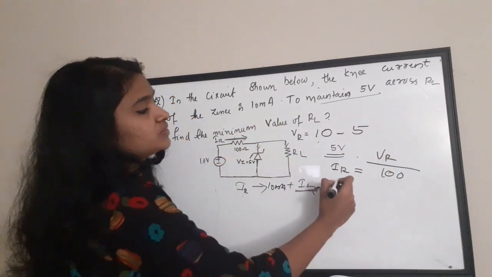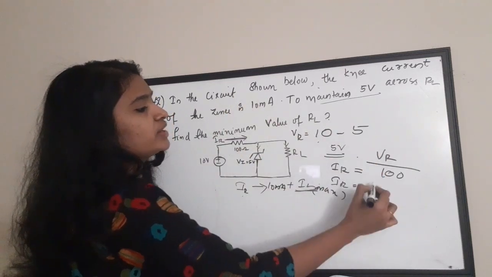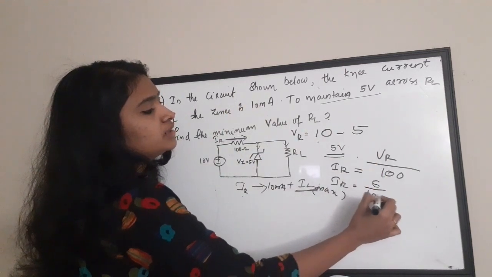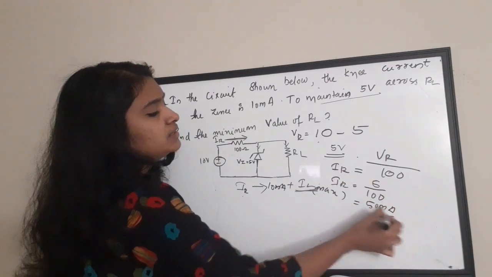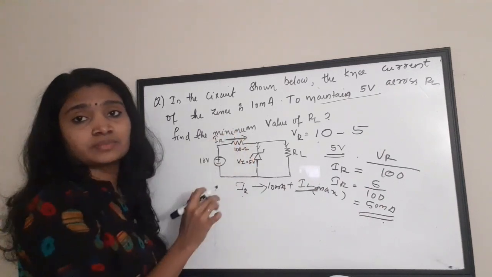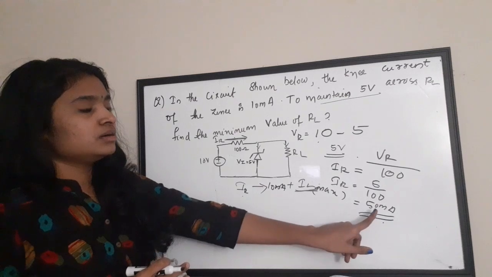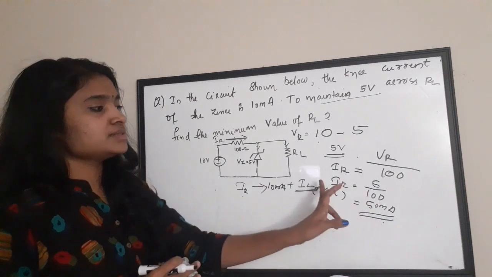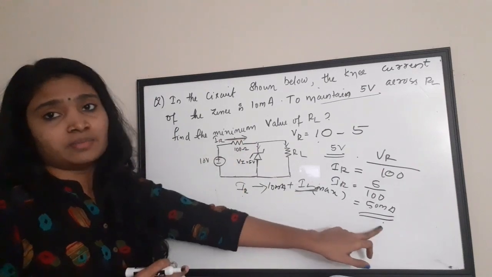VR is 5, so 5 by 100, that is 50 milliampere will be the current through that series resistor. Now we have obtained the value of the resistor current, the current flowing through this series resistor, as 50 milliampere.